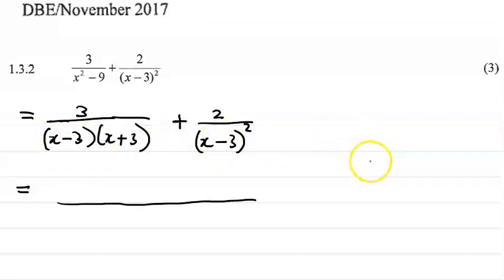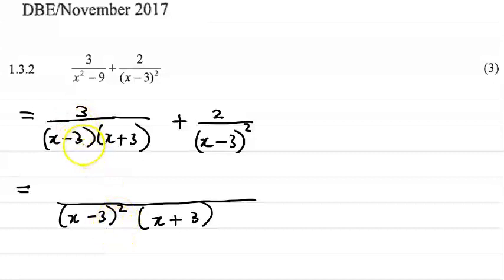Yes, it'll be x squared. Therefore, you have to write here x minus 3 squared as your LCD, and then x plus 3 there. So my LCD is x minus 3 squared and x plus 3. Even though x minus 3, because it's squared, I got to pick the one with the highest power.